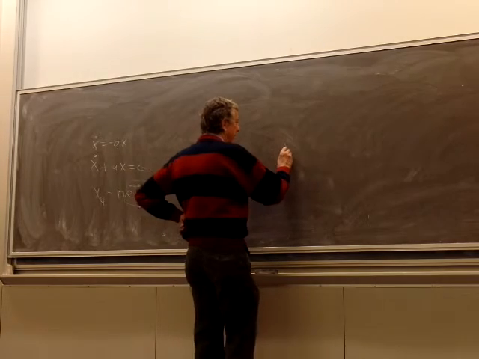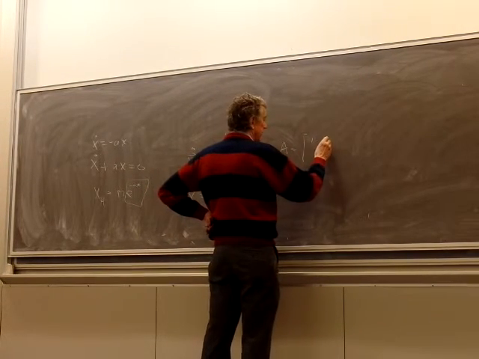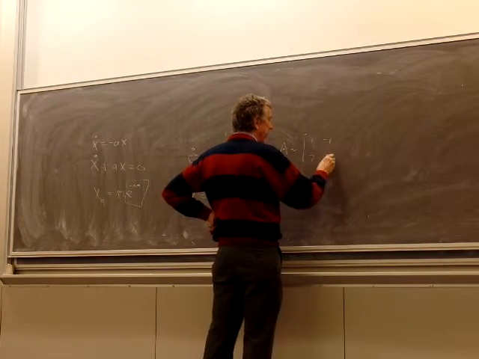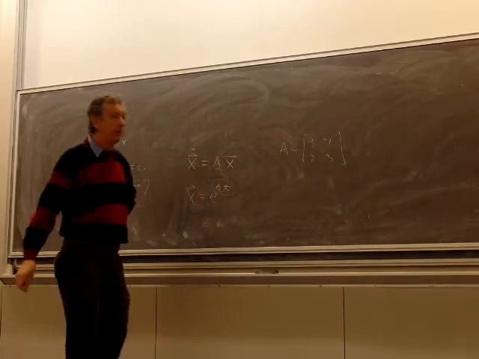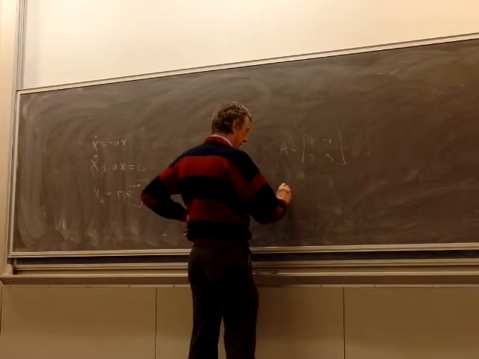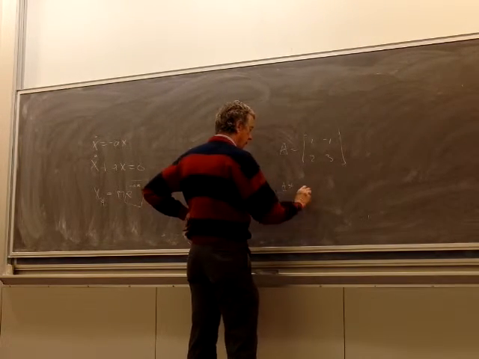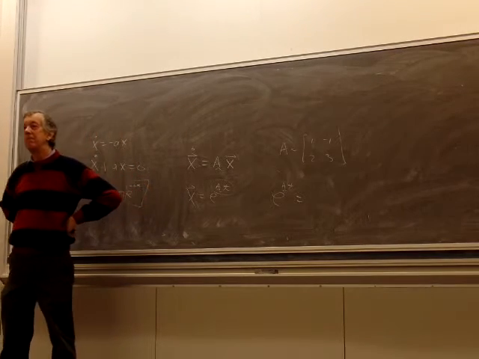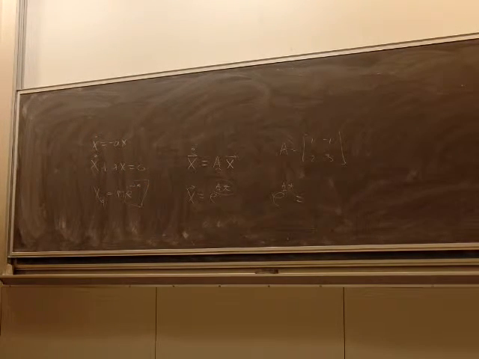Let's say our matrix is, I have some random numbers here. What would be that? What's your first impulse to say what it is?